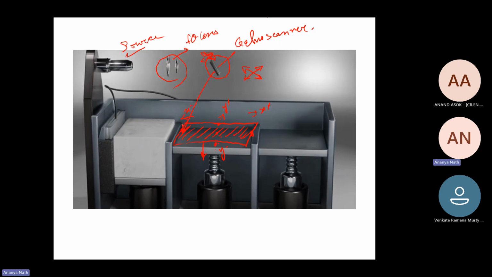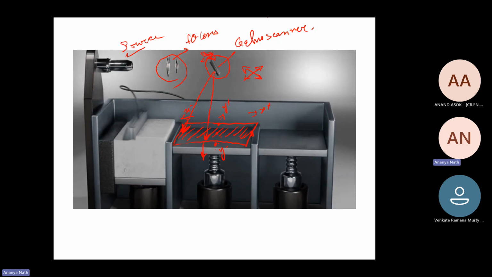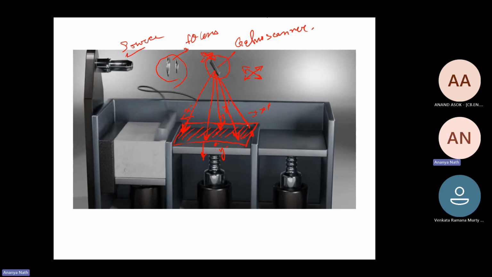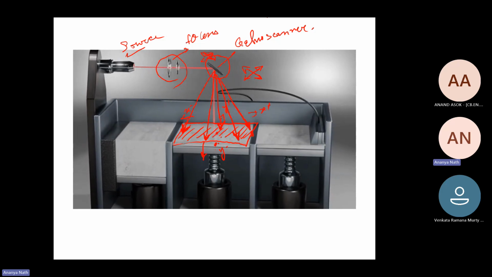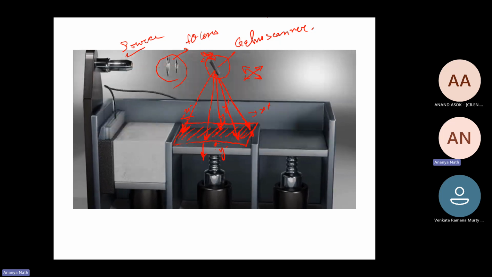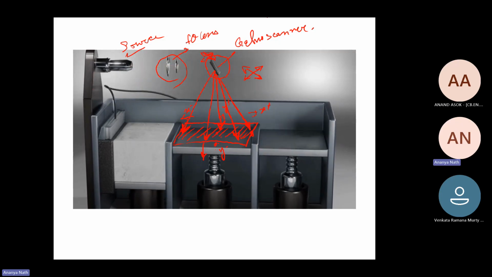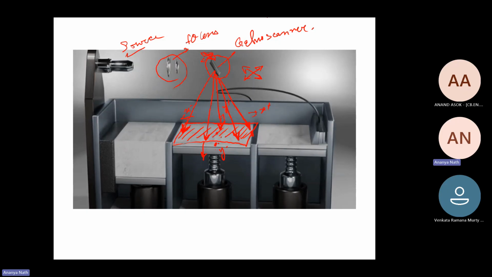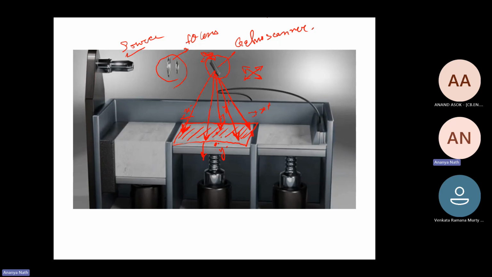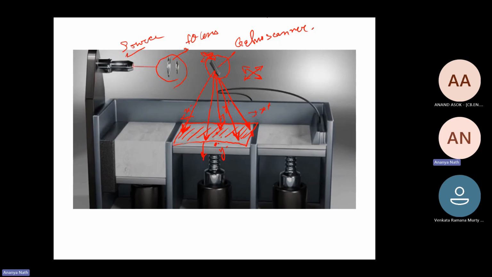Sometimes it's making the laser fall on this point, sometimes on this point, sometimes on this, sometimes on this. So it's moving the laser beam on top of the build plate very rapidly. That rapid motion of the laser on top of the build plate is absolutely not an easy task. That's why the galvo scanner is used, because its job is to make the laser beam move very fast on a given area.